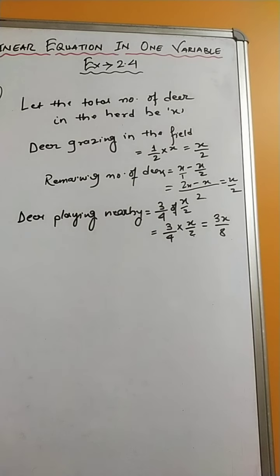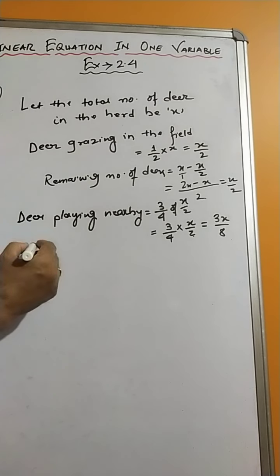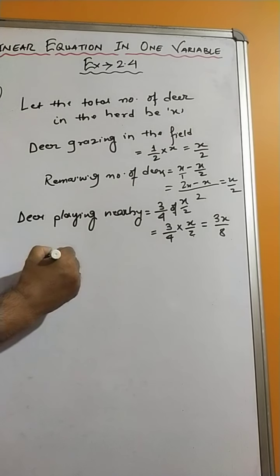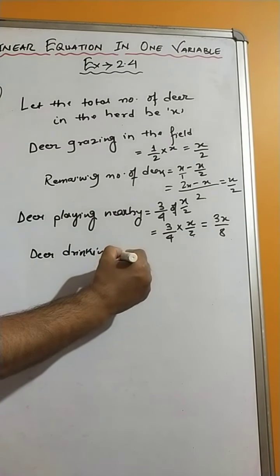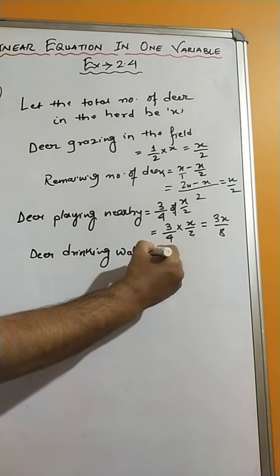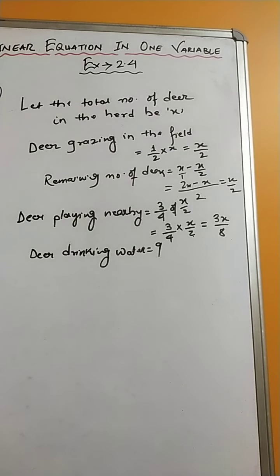Now deer drinking water. They have also said the rest 9 are drinking water, isn't it? So we'll write deer drinking water equals 9. Fine.